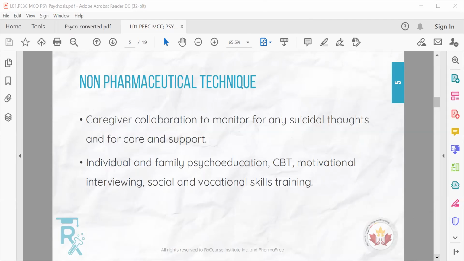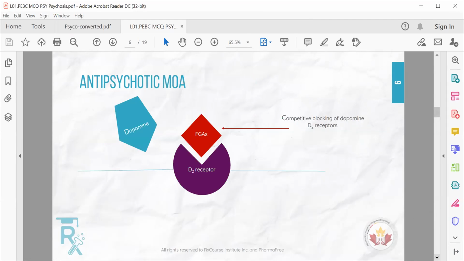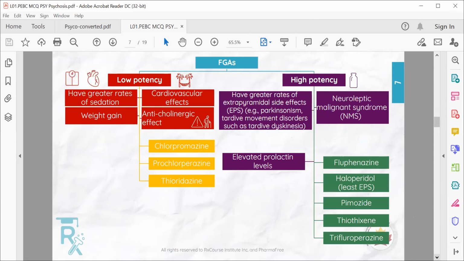Okay, and we said something about the kinds of receptors here, we already clarified that. We talked about the first generation and second generation and why they are associated with weight gain, sedation, and this stuff, that's fine.